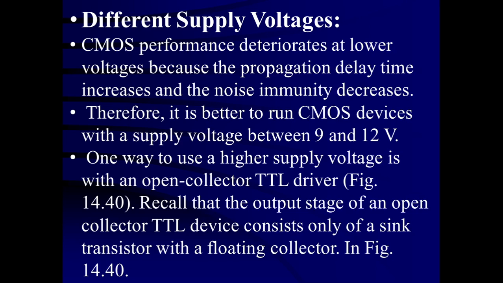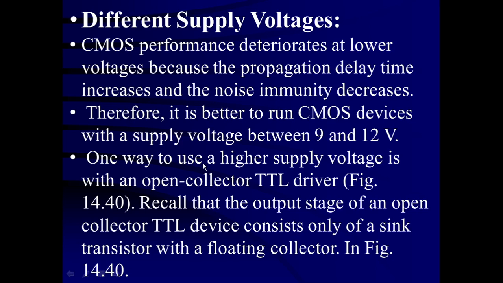And because the voltage is lower, noise immunity is also decreased. Therefore, it is better to run CMOS devices with a supply voltage between 9 volt and 12 volt. That is the best compromise. We have studied in the CMOS characteristics that CMOS can operate between 9 to 12 volt, which is the best compromise for speed of operation, noise immunity and overall performance.